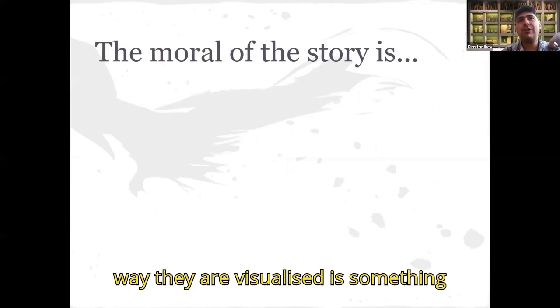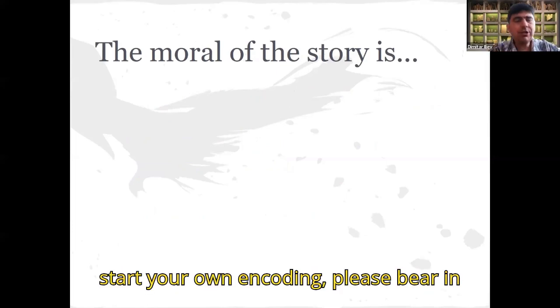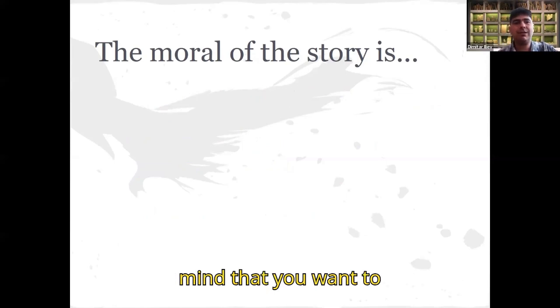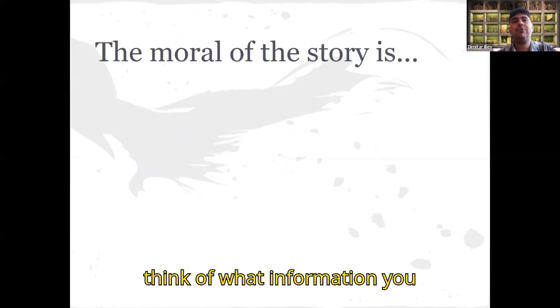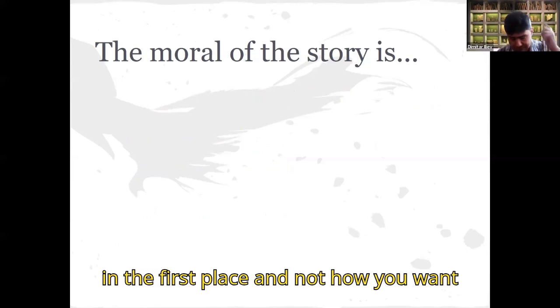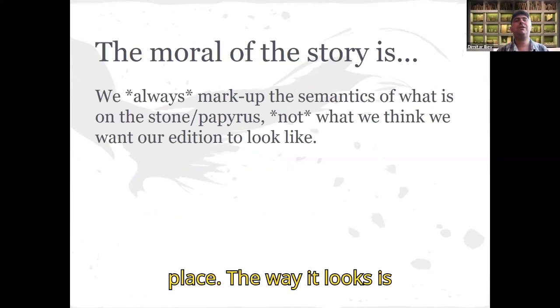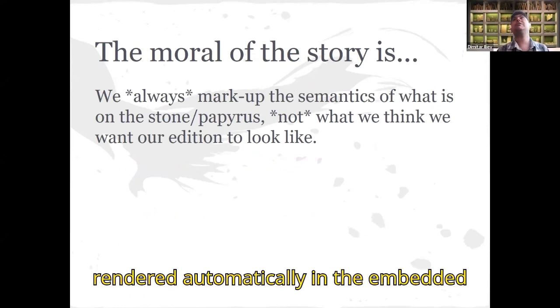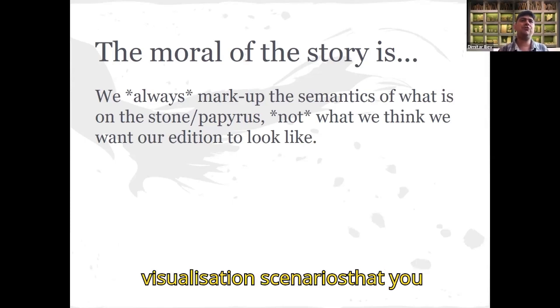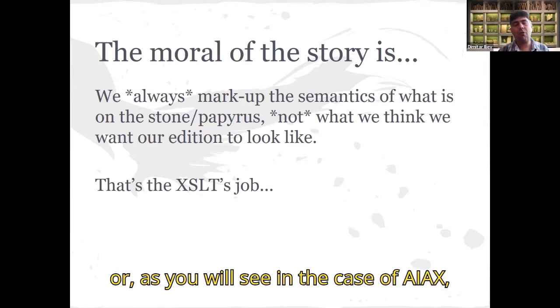And the way they are visualized is something which is completely different. So if you start your own encoding, please bear in mind that you want to think of what information you want to render as an editor in the first place, and not how you want it to look in your edition in the second place. The way it looks is rendered automatically in the embedded visualization scenarios that you have, which are either based on XSLT or, as you will see in the case of Ajax, are rendered by PHP. But this is it.